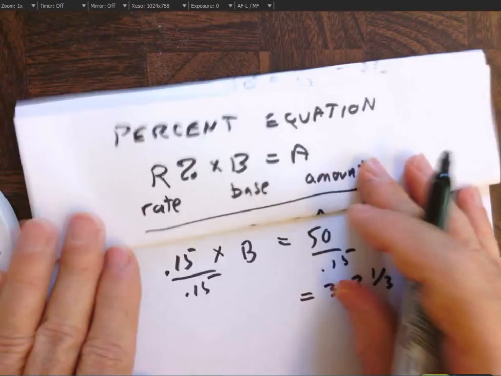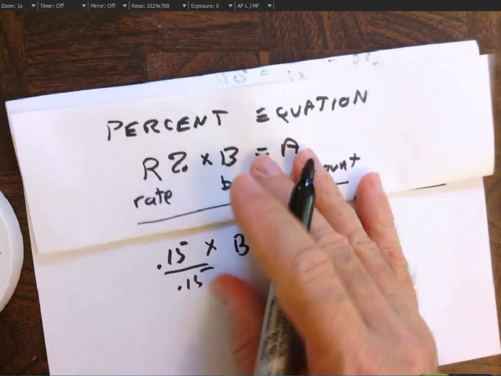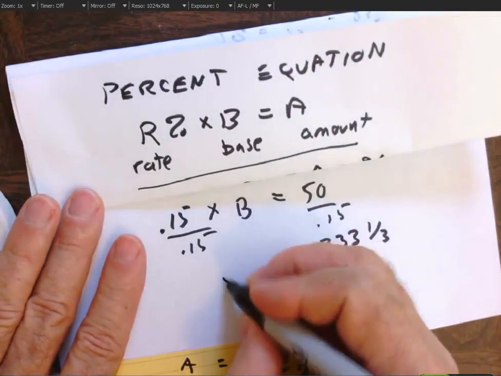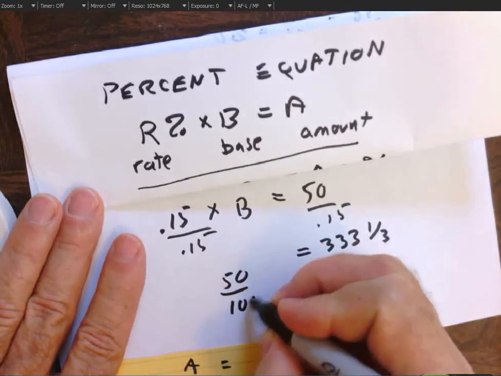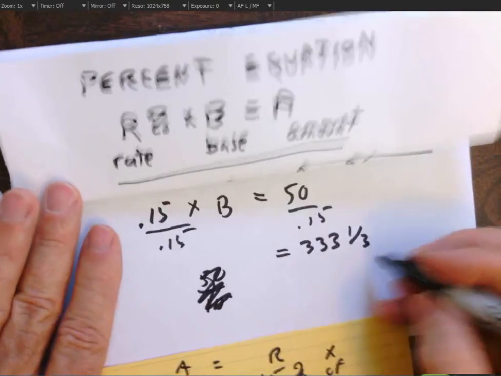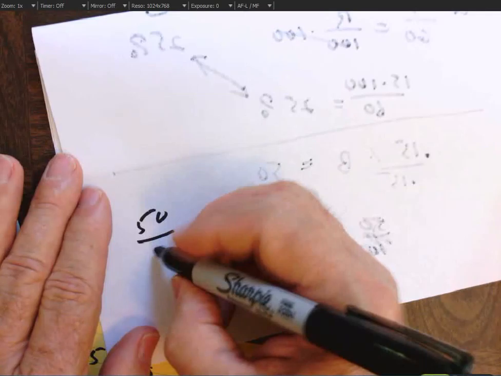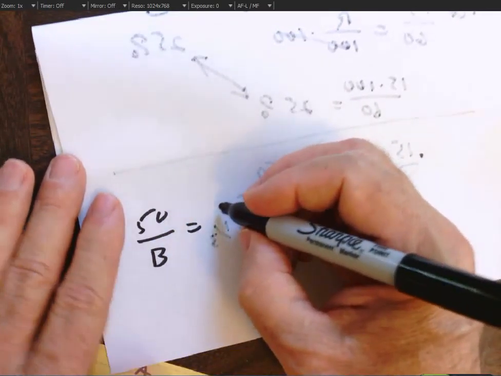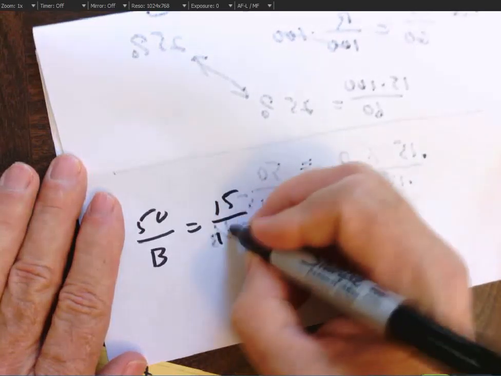Setting up as a ratio, 50 is 15% of what number? So 50 out of what number? So let me start again. I need more space here. 50 out of what number, which is the base, equals 15 out of 100.